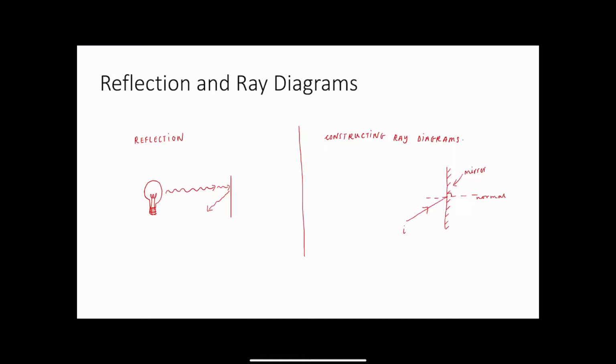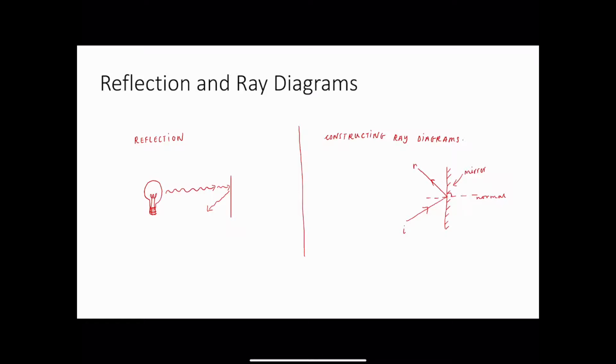So our incident ray has come into the block, it hits the mirror at that point there on the normal line, and it's going to be reflected off up this way, which we will draw again, just using our nice line. That's our reflected ray. We indicate that it's coming away from the mirror, so therefore it's being reflected by having our arrowhead pointing away from the mirror, and we call that R.